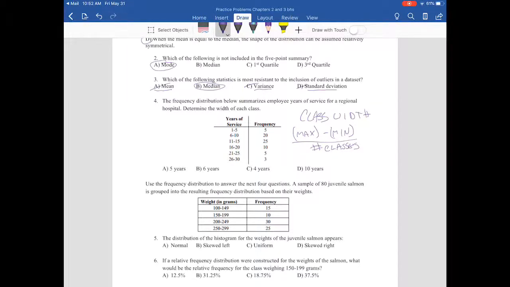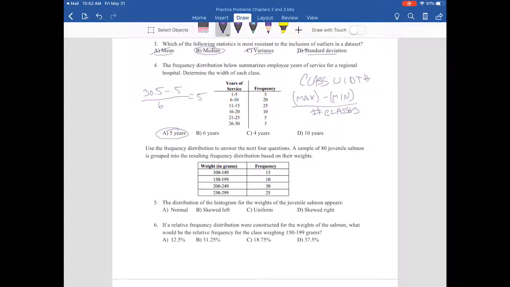So for this problem, the maximum value will be 30.5 and our minimum value will be 0.5, divided by the number of classes, which is 6. Work this out, and we get a class width of 5, which is A.